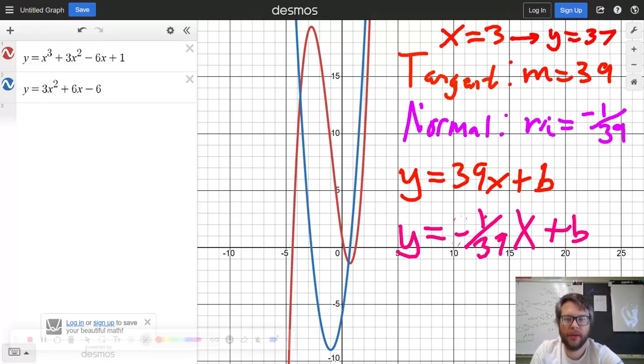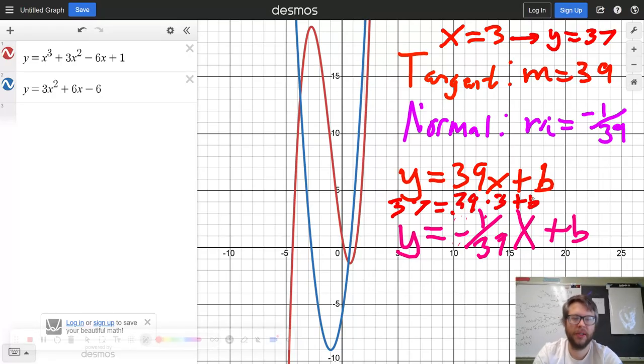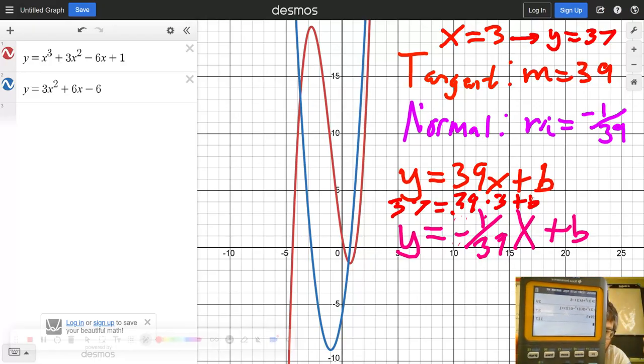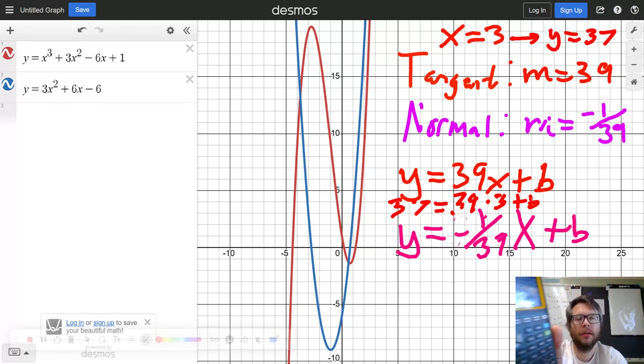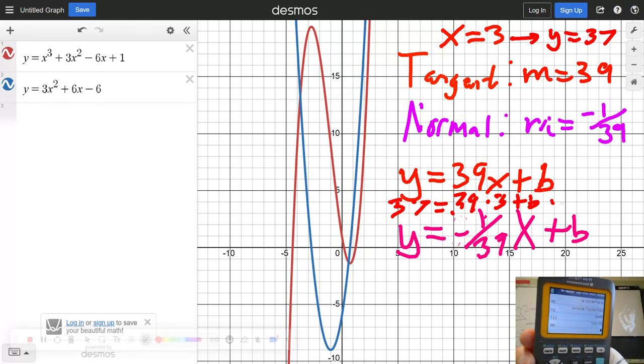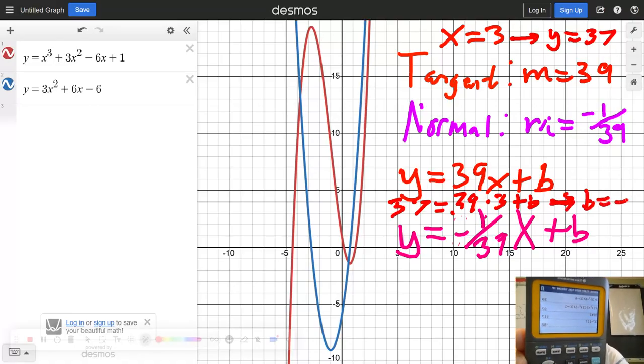So if I do the red one, I'm going to get 37 is 39 times 3 plus b. 39 times 3 is 117. 37 minus 117 tells me the b value. The b value is -80.